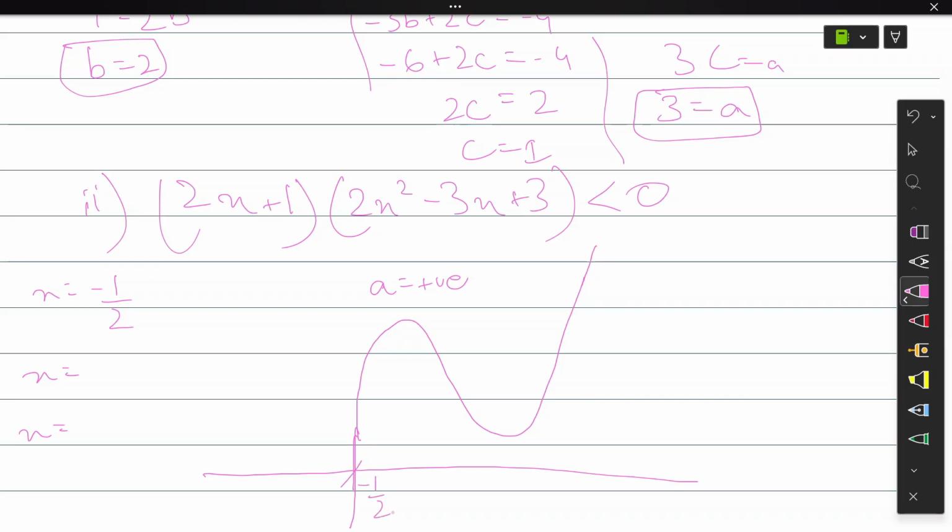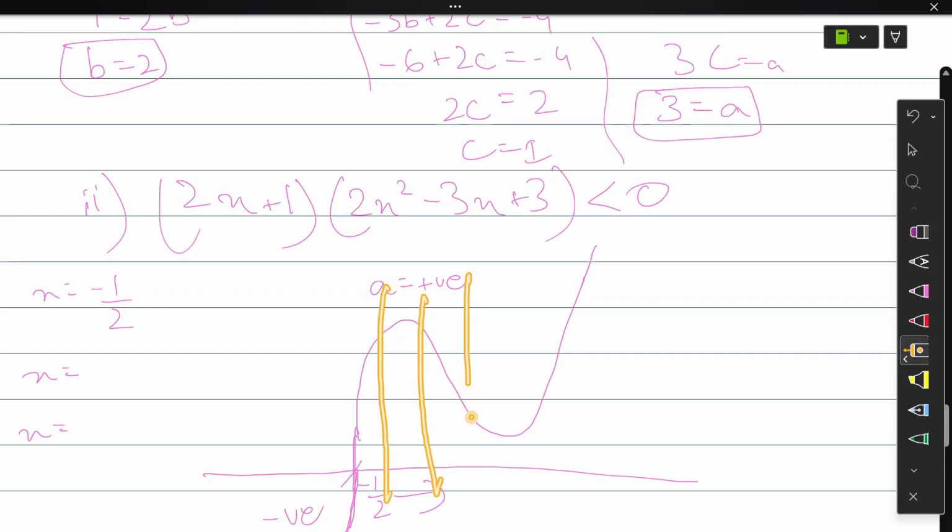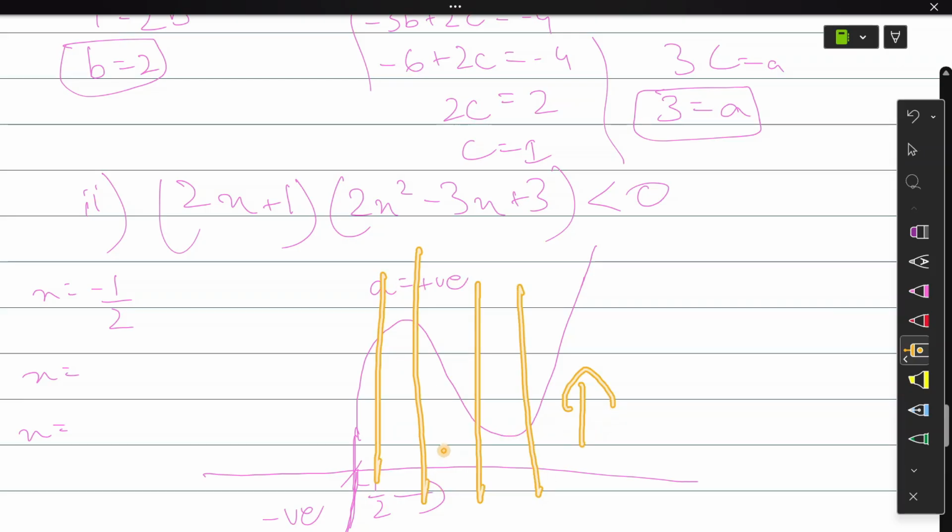This is minus half. Now, if I talk about this region of this expansion over here, this is the negative region. If I move to the greater side, this is the positive region, because for all values of x, as in, how are lines of x drawn? Parallel to the y-axis. So for all values of x, the values of y will be positive, right?